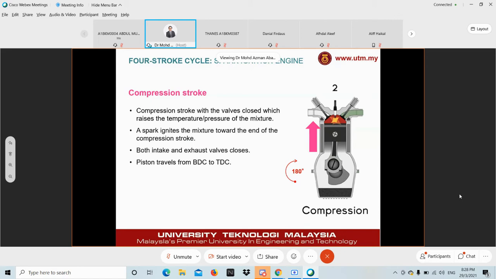Now, we want the ignition to happen at a specific time, which is why we control when the spark plug triggers. But in actual life, the engine is very hot.